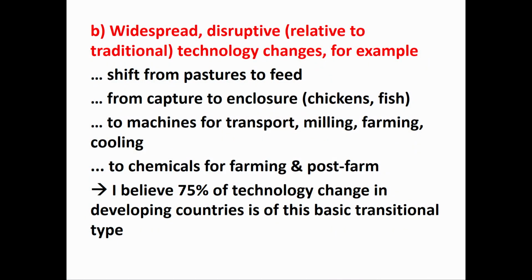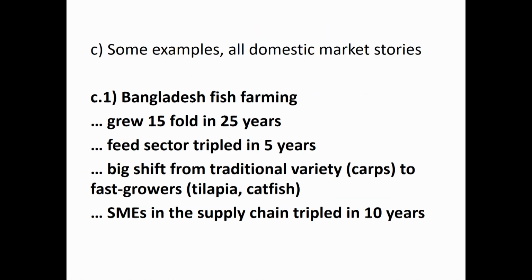Shifts from pastures to intensive use of feed, from capture to enclosure, from walking and horses to transport, the use of machines for transport, milling, farming, cooling, chemicals for farming and post-farm segments. These basic changes are the ones that are very rapidly happening right now and are the bulk of the change.